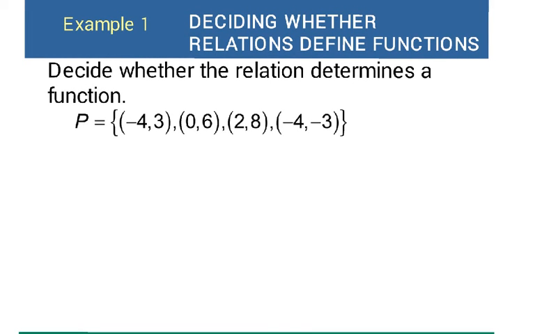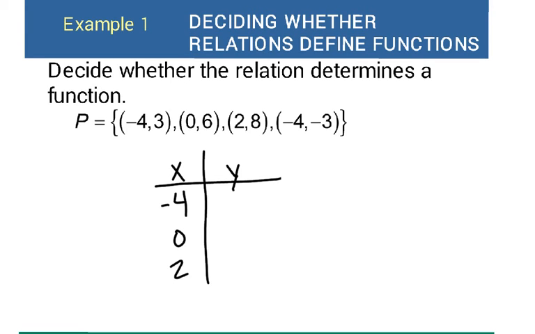Okay, let's do it again. I'm going to have an x and a y column and state -4, 0, 2, and then -3, 3, 6, and 8. Okay, so -4 goes to -3 and 3. 0 goes to 6, and 2 goes to 8.